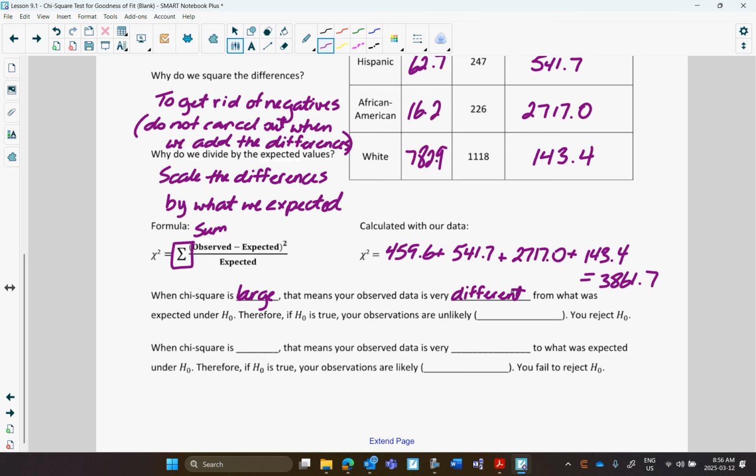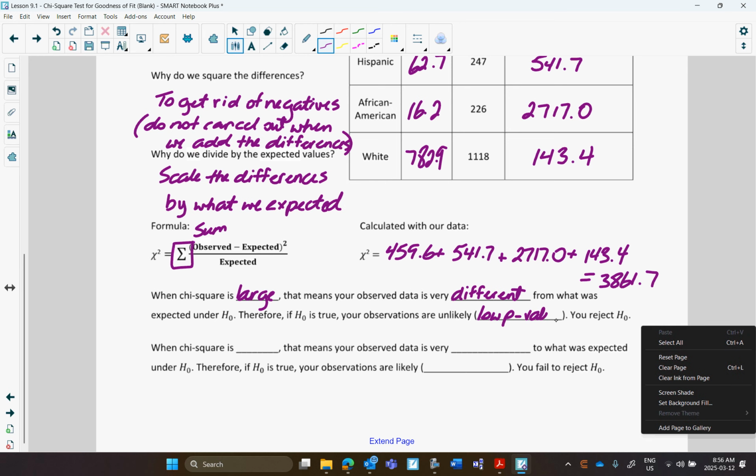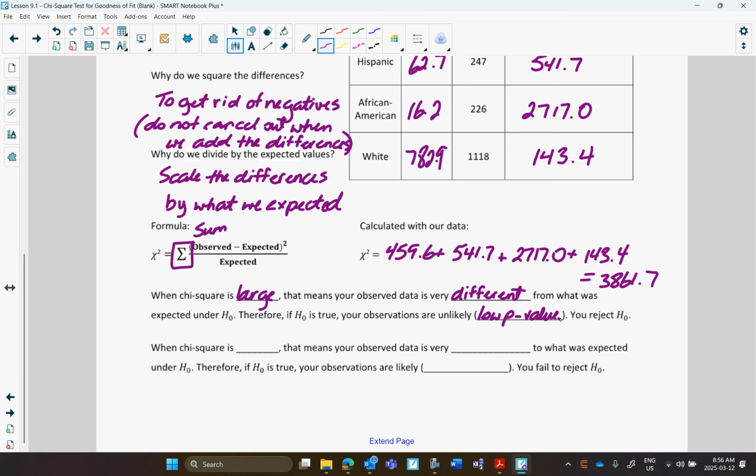If we converted that to a p-value, remember, it would be a low p-value. The probability of getting the results that we did from the sample is very low. So we reject H0 and we say, yeah, there is convincing evidence of discrimination.